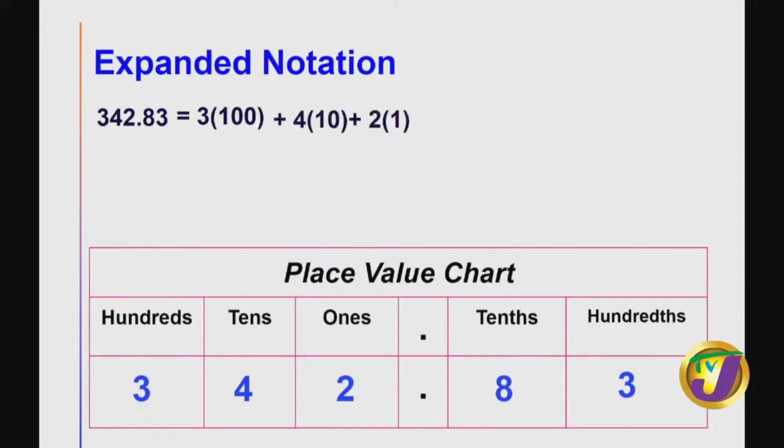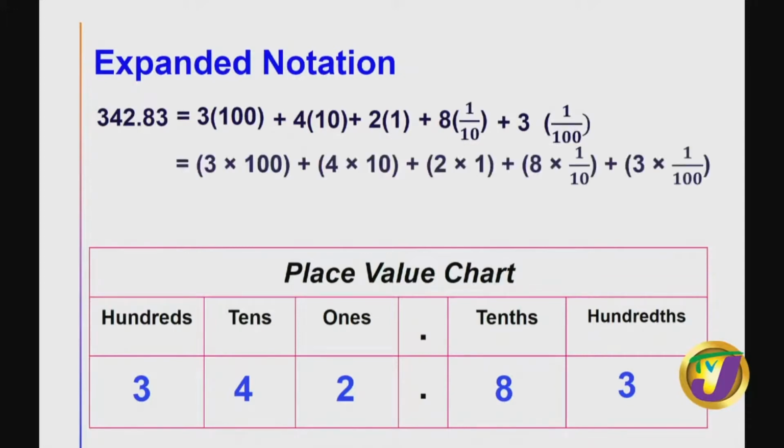Okay, so we have 3 times 100 plus 4 times 10 because it's in the tens place, 2 times 1, 8 times 1/10, and 3 times 1/100, just like how it's in the place value chart. And now we end up with 300 plus 40 plus 2 plus 83 hundredths.